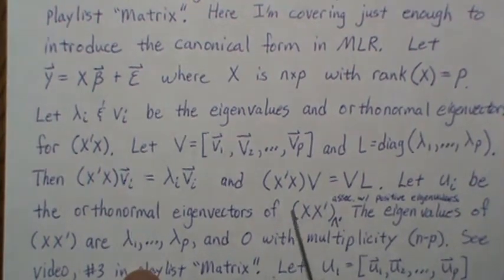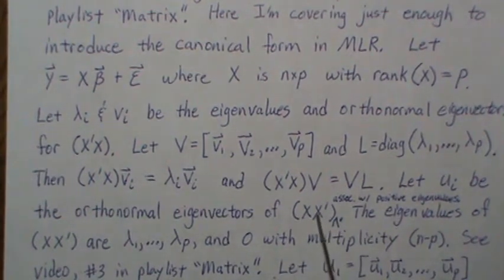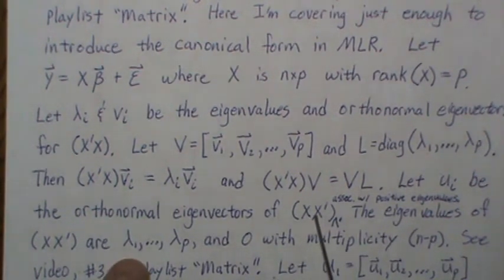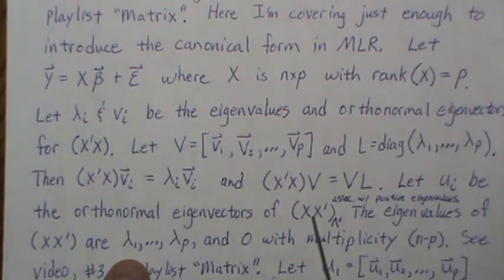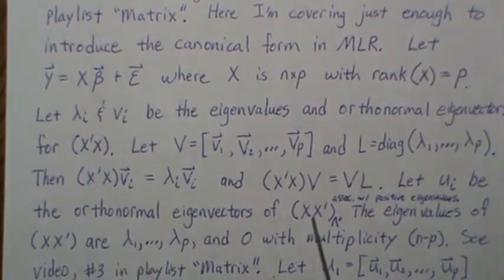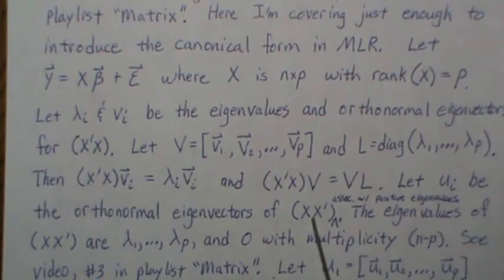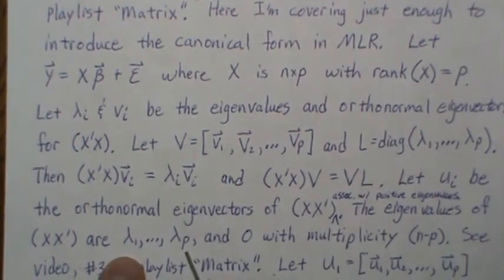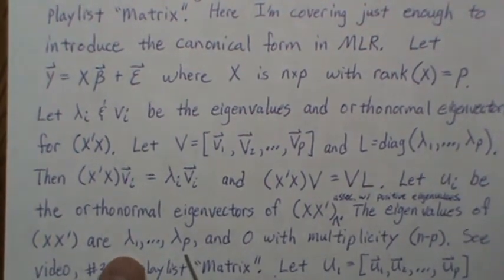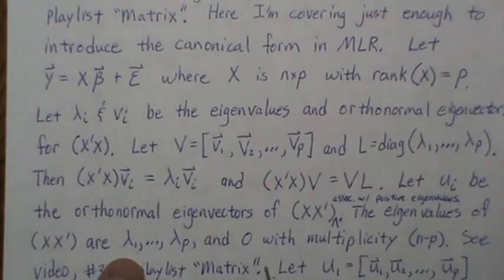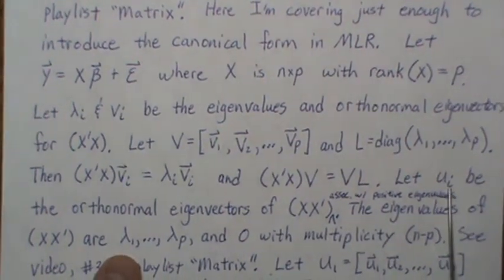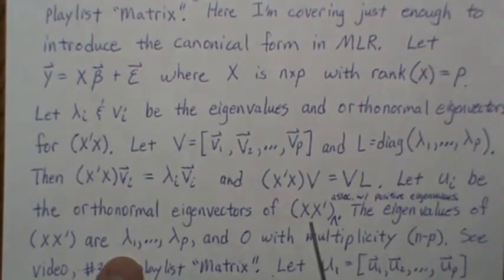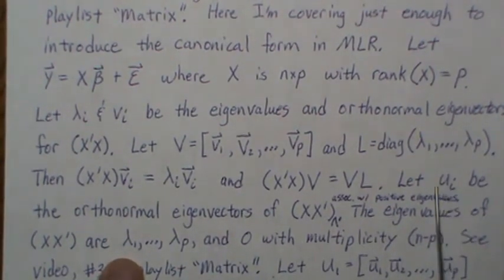This is an n by n matrix, so it has n eigenvalues. It's symmetric, so they're all non-negative. It has rank p, which is why there are p positive eigenvalues. And because this is n by n, these eigenvectors are n by 1 vectors.